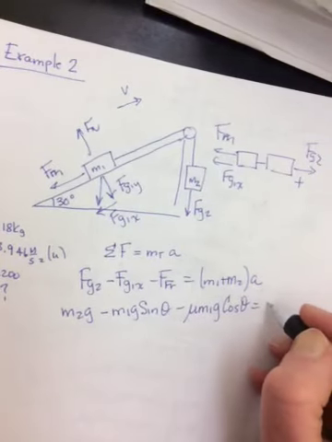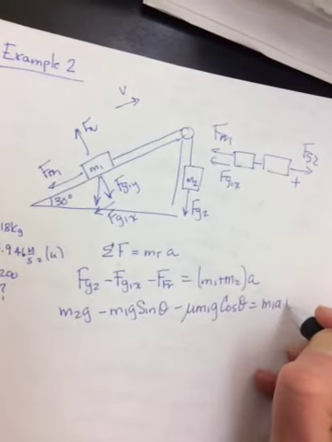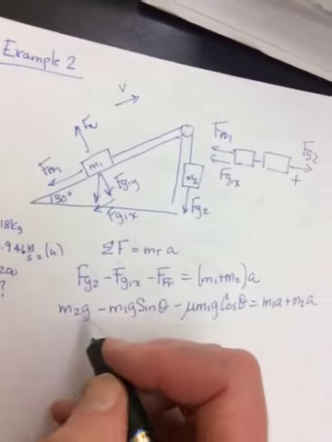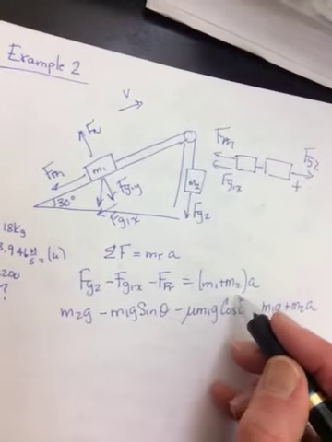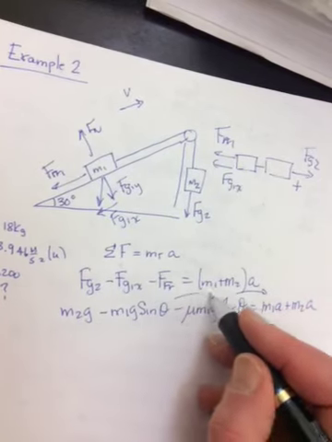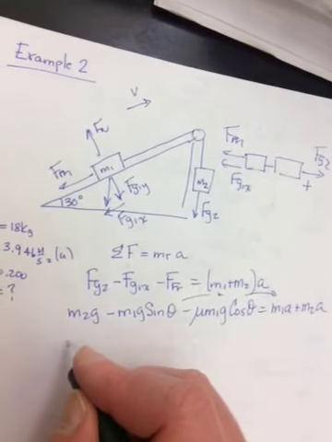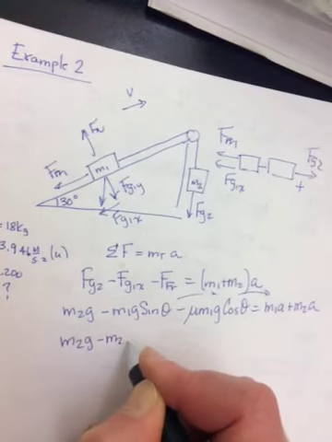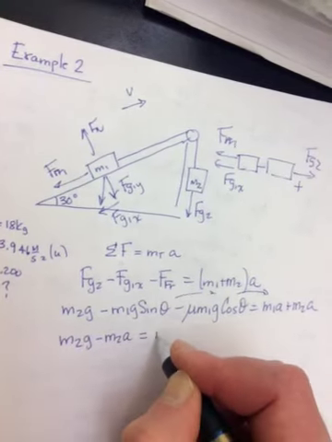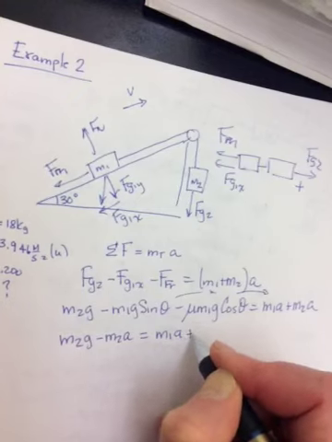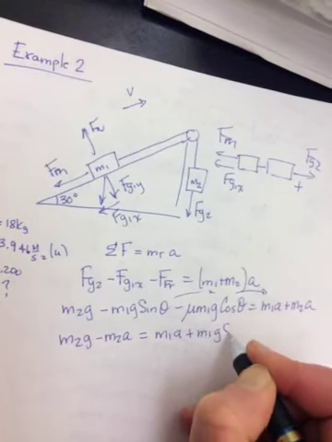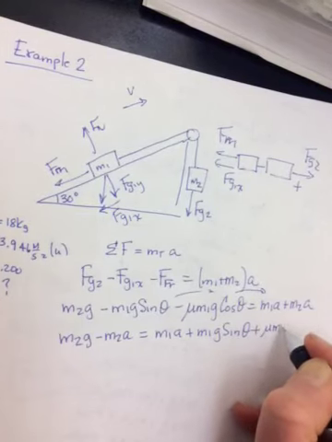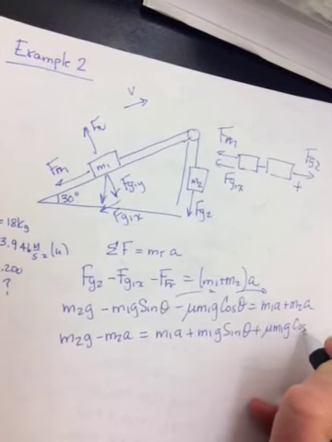Over here you have to multiply through M1A plus M2A. Why? Because you're solving for M1. So take all the terms with M1 to one side. I'd bring them over to the right-hand side so that they're all positive. So M2G minus M2A equals M1A plus M1G sine theta plus mu M1G cos theta.